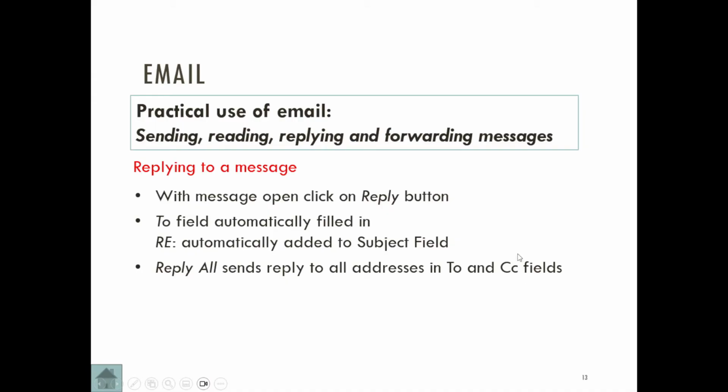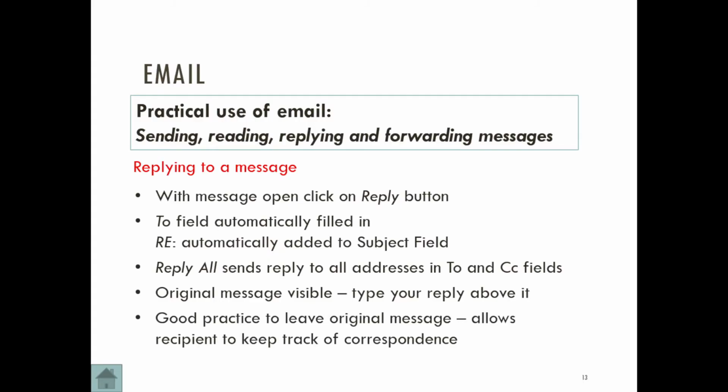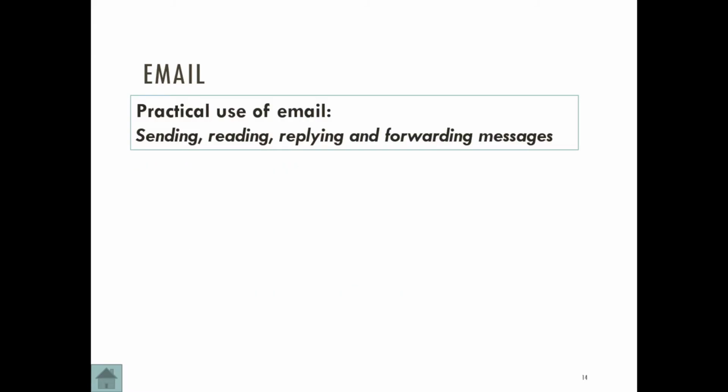So just be careful of what you are doing. The original message will be visible, and you can then type your reply above. And a good practice is just to leave the original message, which allows the recipient to keep track of the correspondence.